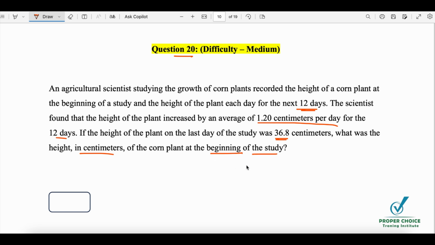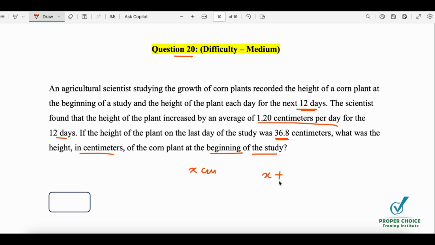So we are asked to calculate what was the initial height. As they clearly said, the height was increasing per day and the observation has been done for 12 days. By the end of the 12 days, this is the height. So if the initial height of the corn plant is, let's say, x centimeters, how do you set up an equation?